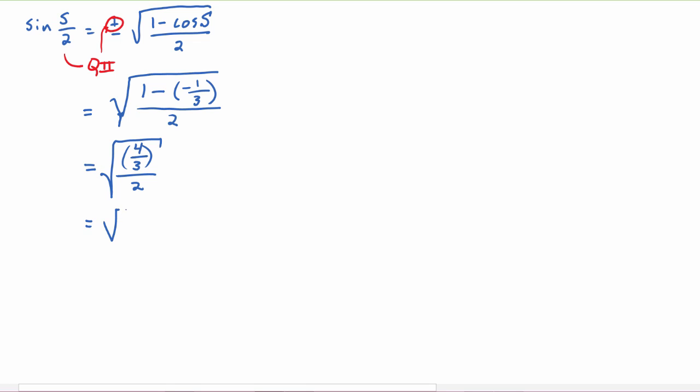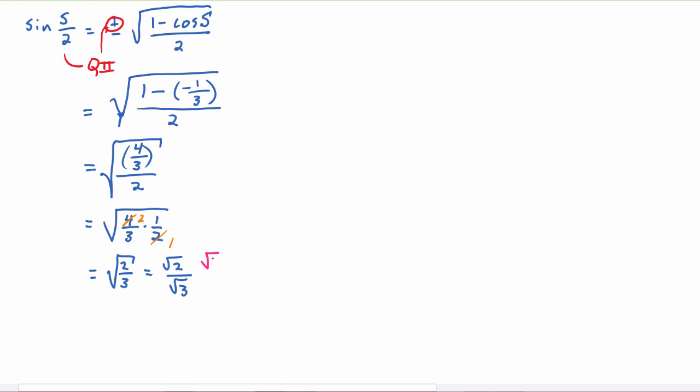This turns into the square root of 4/3 times 1/2, because dividing by 2 is multiplying by a half. The 2 goes into 2 once, goes into 4 twice. So this becomes the square root of 2/3, which of course is radical 2 over radical 3, and we have to rationalize that.